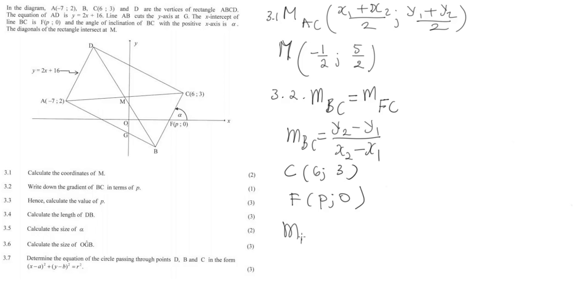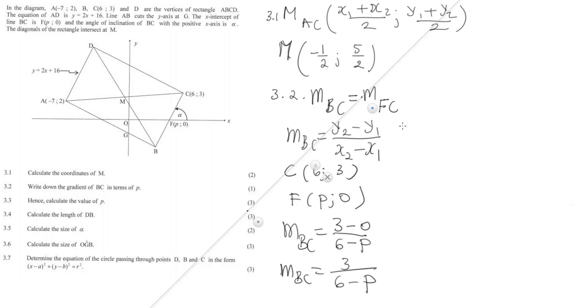So m of BC will be 3 minus 0, which will be 3, and then 6 minus p. So m of BC will be 3 divided by 6 minus p. Alright, so that is the gradient of BC.